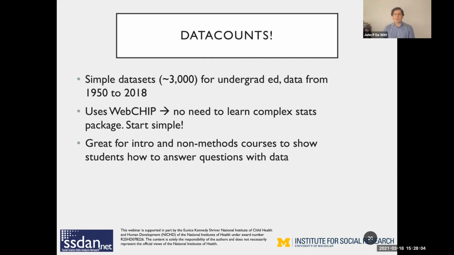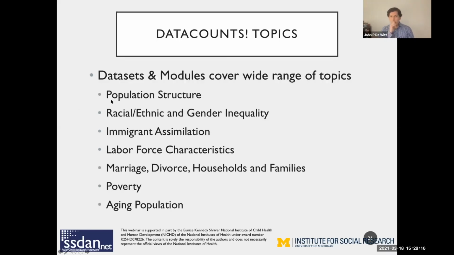The whole idea is to get rid of the complexity of a stats program and make playing with the data fun and easy: easy to play with, hard to break. And there are data sets and modules that Bill will cover in just a moment that cover a wide range of topics, including some of those listed right there.